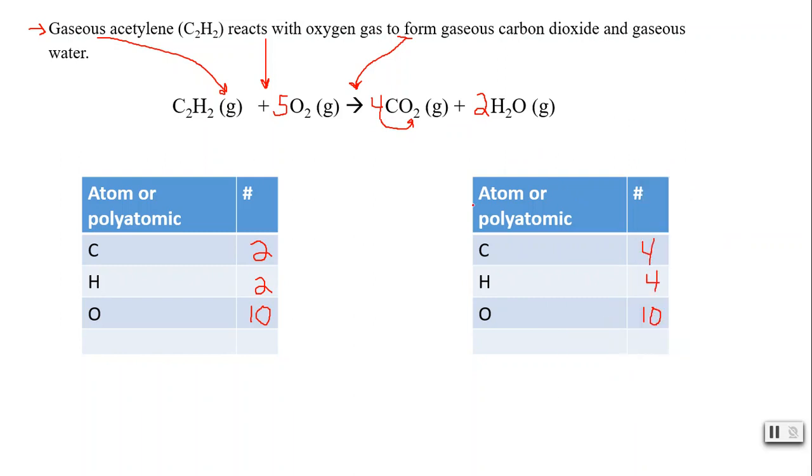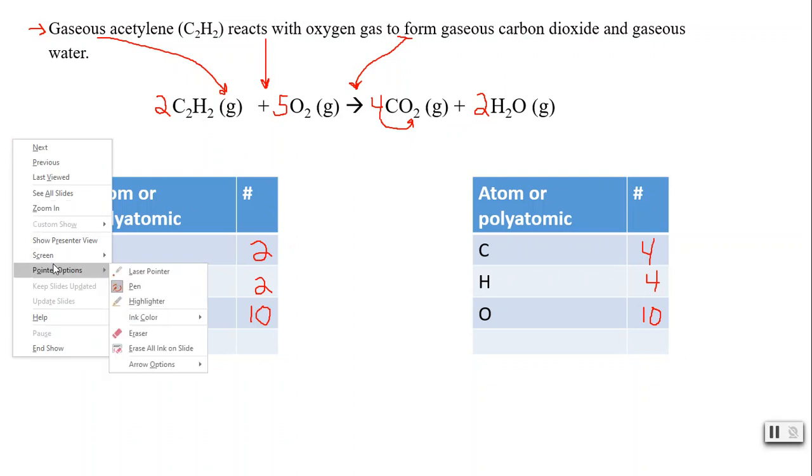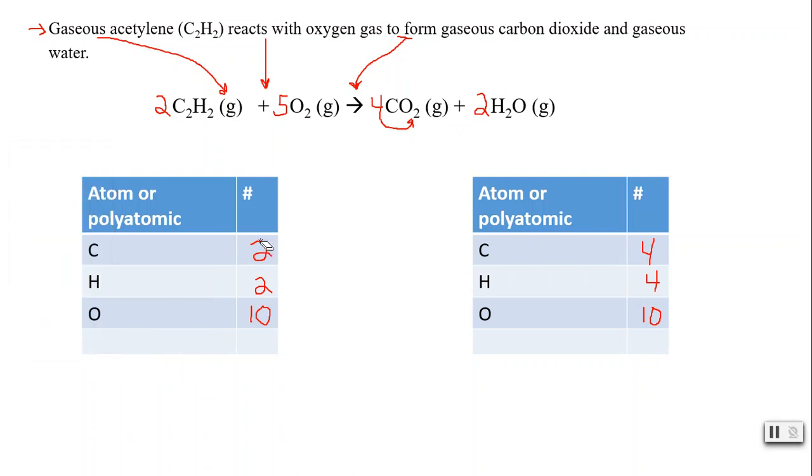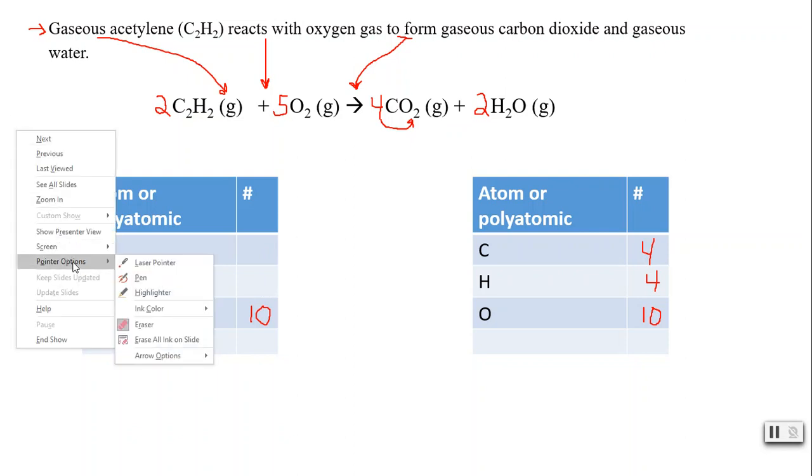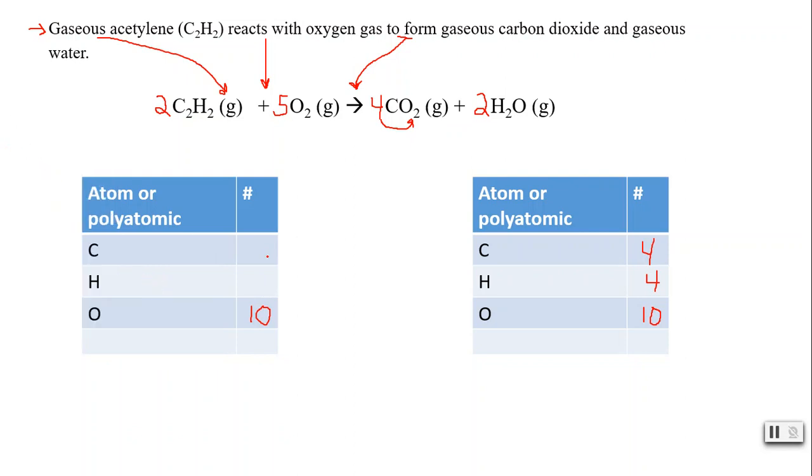And that's okay, because is there a way I can get 4 carbons on my reactant side? Yep, I can get 4 carbons if I put a 2 out front. And if I do that, then I get my eraser again, and then I change not only my number of carbons, but I have to change my number of hydrogens, both of which are going to be 4, because that 2 goes both to the carbon and to the hydrogen.